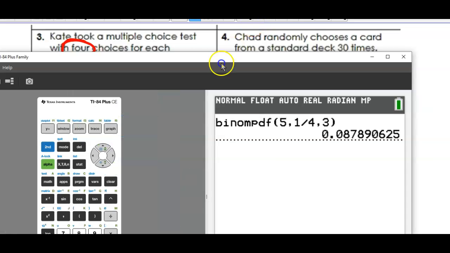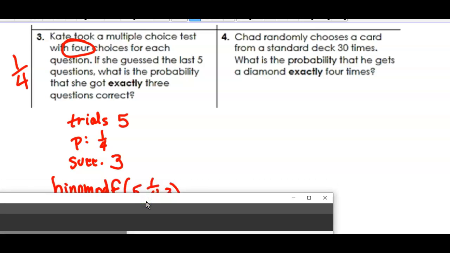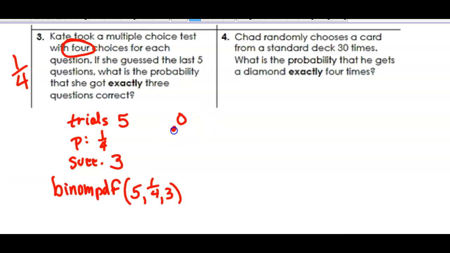And we get about 9%, 0.088 that would round to. Okay. So about a 9% chance that she's going to get that right. Where am I at on my notes? Okay.